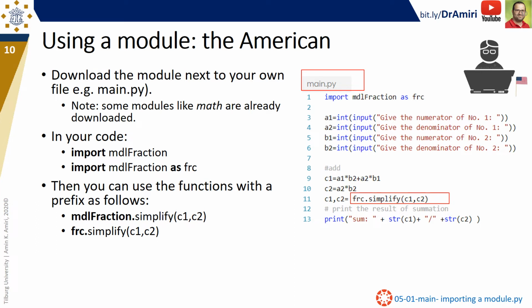If you gave an alias to this module, such as frc, then you need to use frc.simplify to use the simplify function. Note that you can also use other functions that exist in this module. This is just one example of using a function that exists in a module.